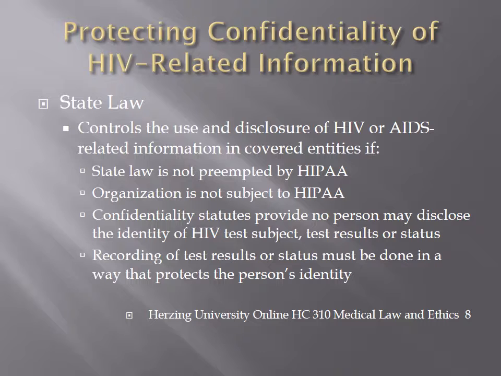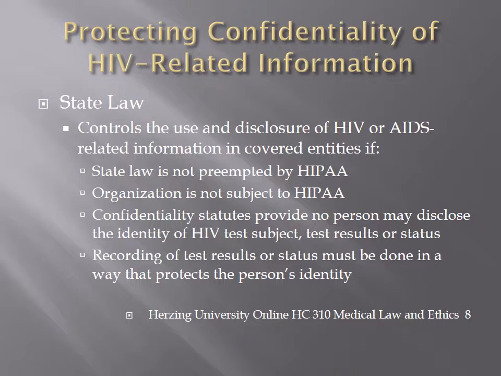Protecting confidentiality of HIV-related information continued. State laws control the use and disclosure of HIV or AIDS-related information in covered entities, not non-covered entities, if the following occurs. The state law is less strict than HIPAA and therefore not preempted by HIPAA.